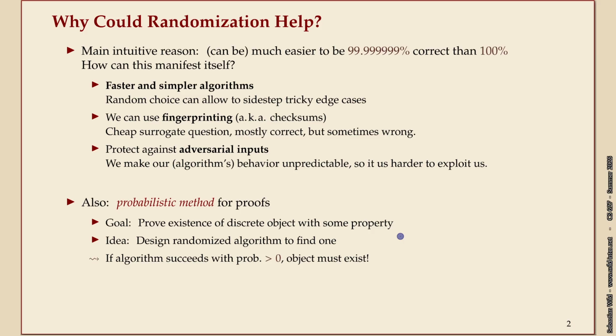And the proof technique says, okay, maybe you don't know. Let's try to design a randomized algorithm to construct or find such an object. And if you can prove that there's a positive, non-zero probability that this algorithm succeeds, well, then there must be such an object.